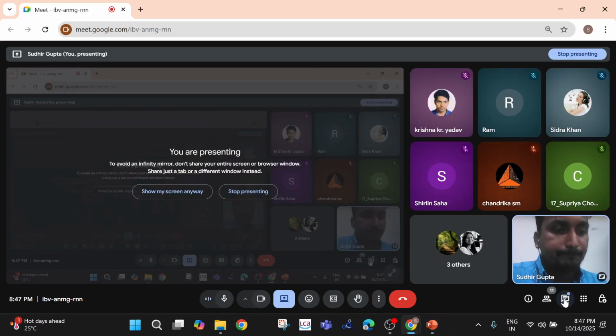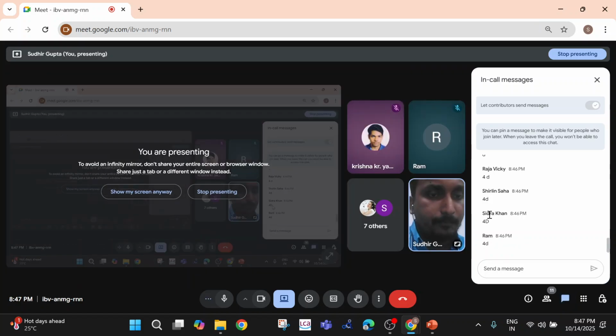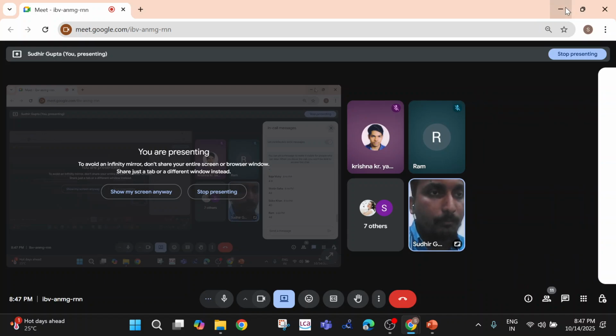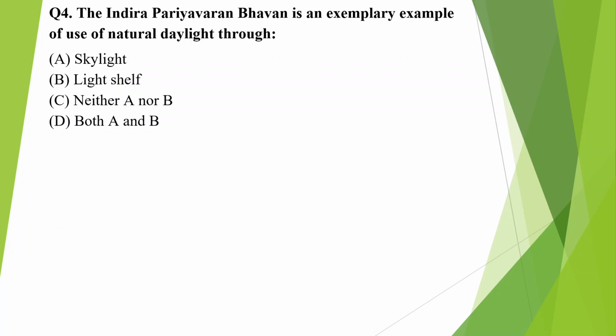Let me see. 4D, 4D, 4D, D. Yeah, most of you have answered already, and all of you who have answered are correct. It's both A and D, that is skylight and light shelf. The integration of both ensures that more than 75% of spaces receive natural daylight. That was told to you. Fine, all of you are correct.